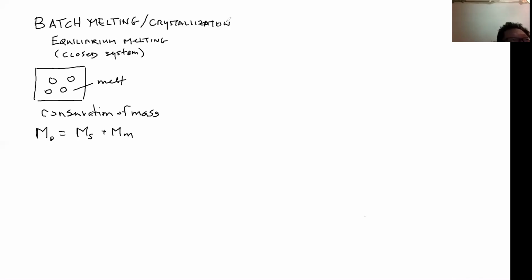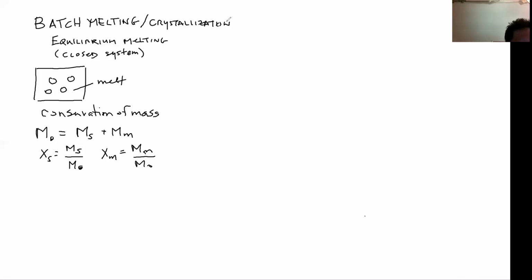Then what I'm going to do is define these quantities. The mass fraction of the solids is equal to ms over the total mass. And then the mass fraction of the melt is mm over the total mass. Okay.